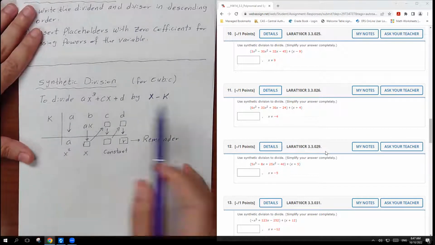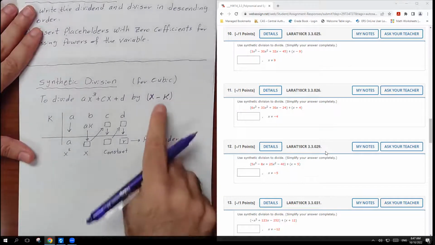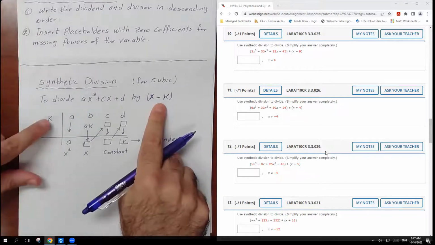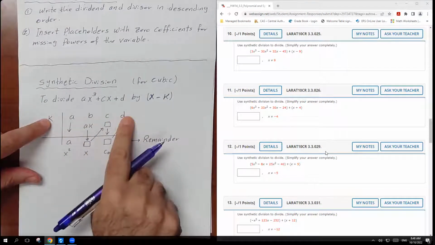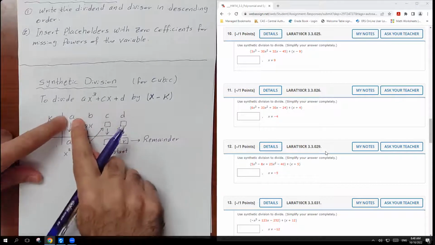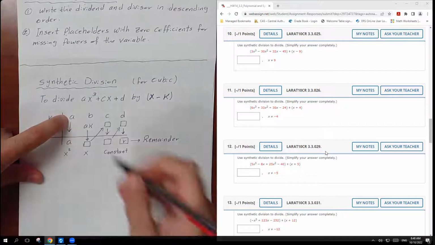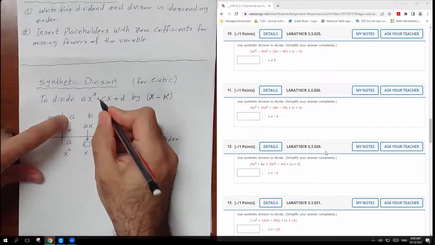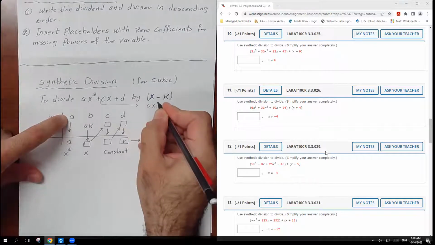So to divide that, you see we have the factor x minus k. Always we're going to write down k on the side. And we're going to write down here the coefficients a, b, c, and d. There's no b here, so be careful, because the term with x squared is missing, so 0x squared.